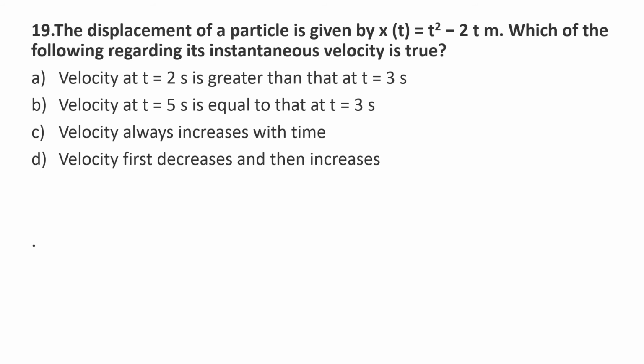Options are: A, velocity at t equal to 2 seconds is greater than that at t equal to 3 seconds. Option B, velocity at t equal to 5 seconds is equal to that at t equal to 3 seconds. Option C, velocity always increases with time. And option D, velocity first decreases and then increases.